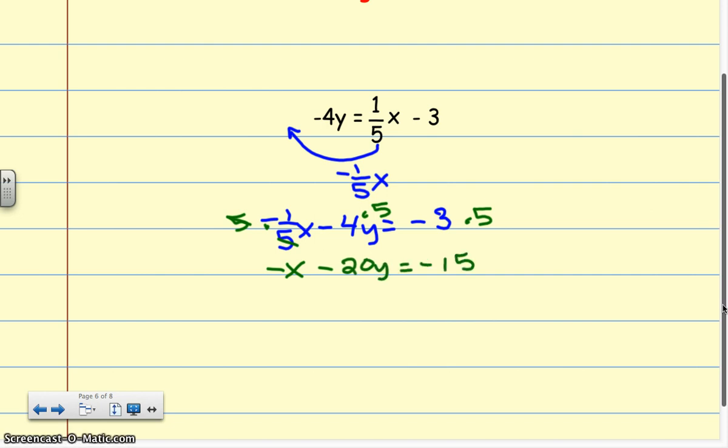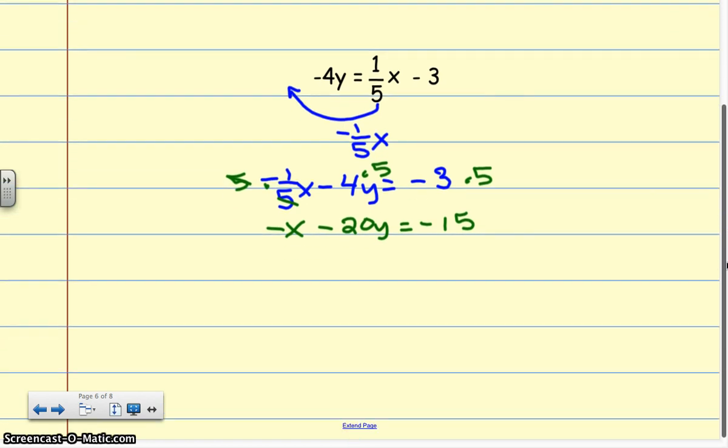Am I done? No, because I'm starting off negative, and I don't want to. So now I'm going to change the sign of everything. x plus 20y equals a positive 15. Me just changing subtract to plus, minus to positive.